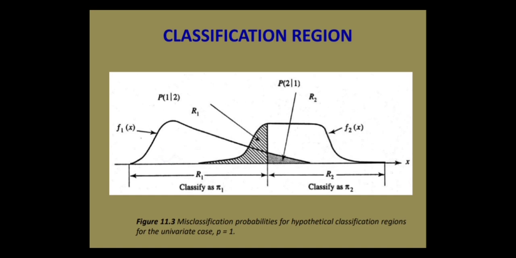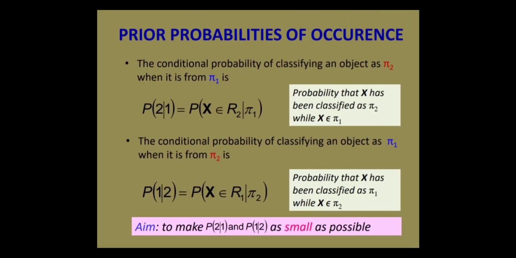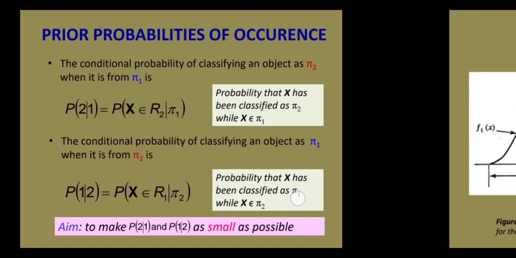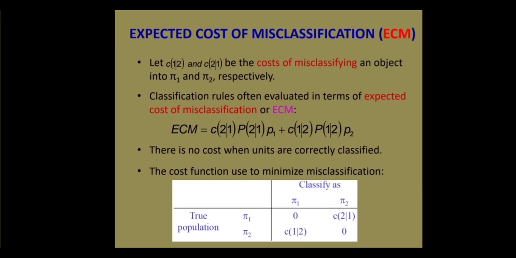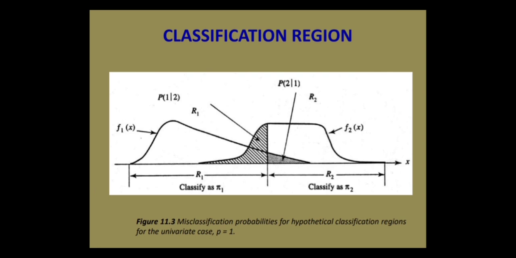And then here this part yang dilorotkan kat sini pula, ini adalah conditional probability of 1 given 2. Okay, this one tadi, which is the probability that X has been classified as pi 1, population 1, but actually it is from population 2, daripada this distribution. Sorry.